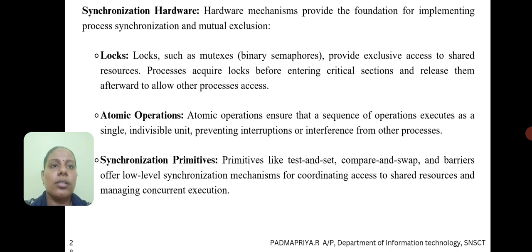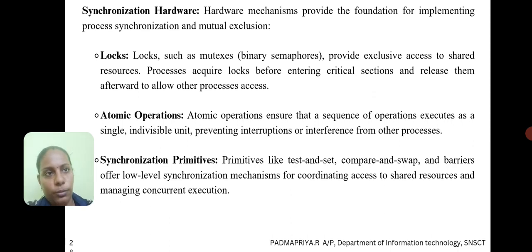Locks such as mutexes and binary semaphores provide exclusive access to shared resources. Processes acquire a lock before entering critical sections and release it afterward to allow other processes access.